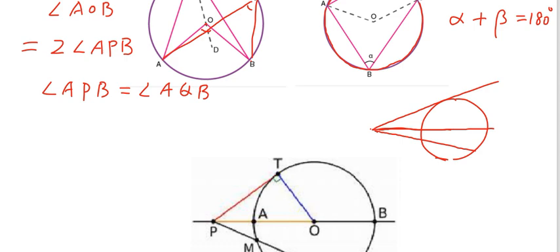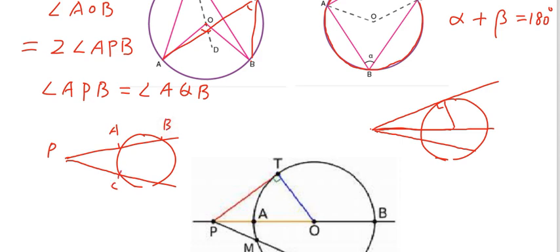In general, we have a circle and a point outside; if we draw two lines, suppose there's P, there's A and B, and here C and D.